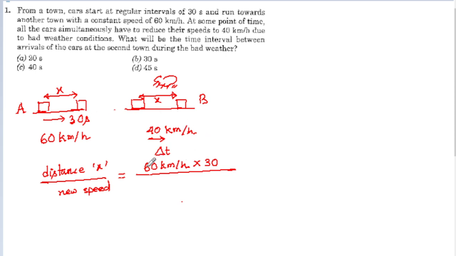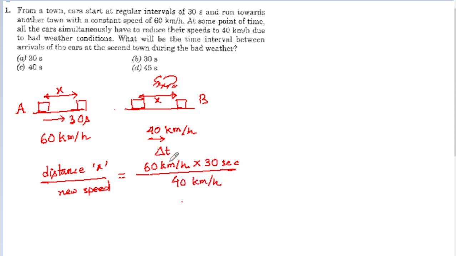Therefore the initial and final separations are the same, which is 60 kilometer per hour multiplied by 30 second. And when the bad weather starts, the new speed is 40 kilometer per hour.